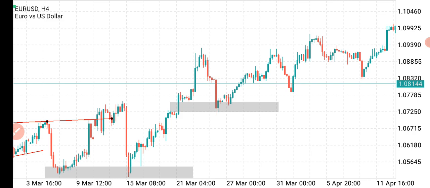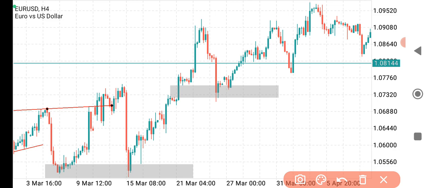Now if you miss this entry, we now have a new higher high, higher low, and then this price moves all the way from here to this point, creates a new one, and then returns back. So what do you do?